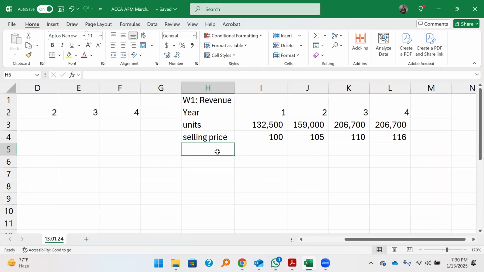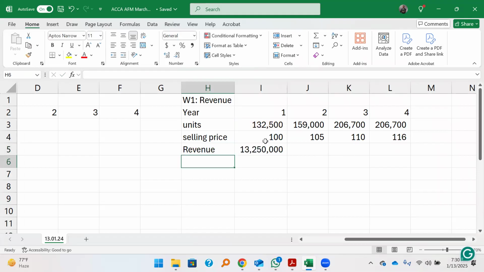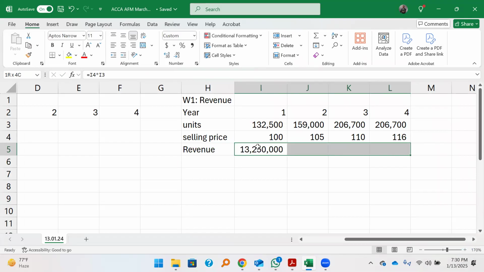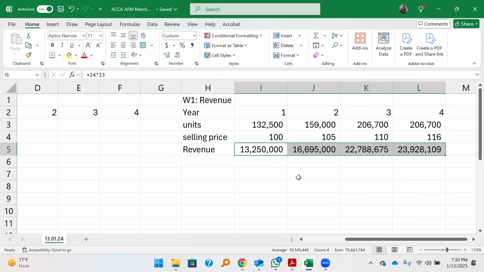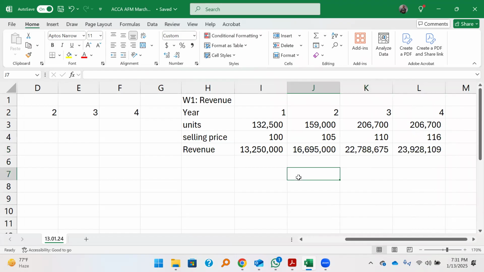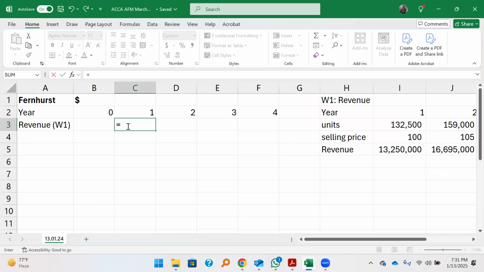Now you can have the revenue as the product of the selling price and the units, which gives us those figures: 13.25, 16.695, and so on. So that is going to be our revenue.